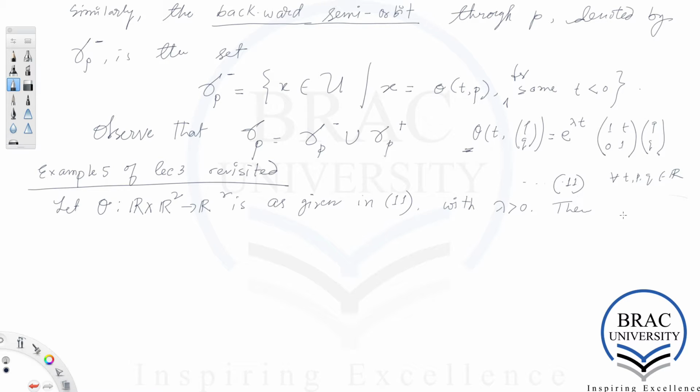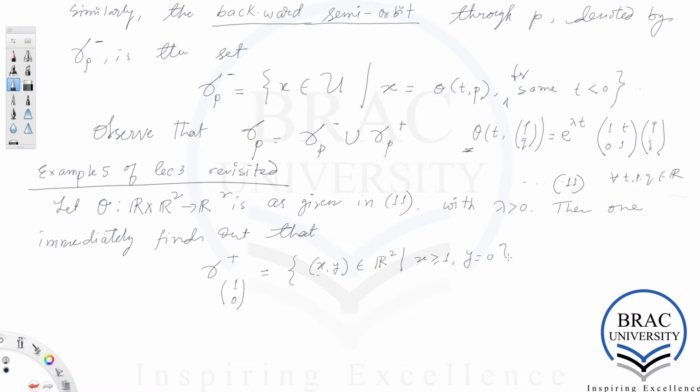Then one immediately finds out that the forward semi-orbit of the vector 1 0 is given by the collection of vectors in R2 such that the x component is greater than or equal to 1 and the y component is just 0.